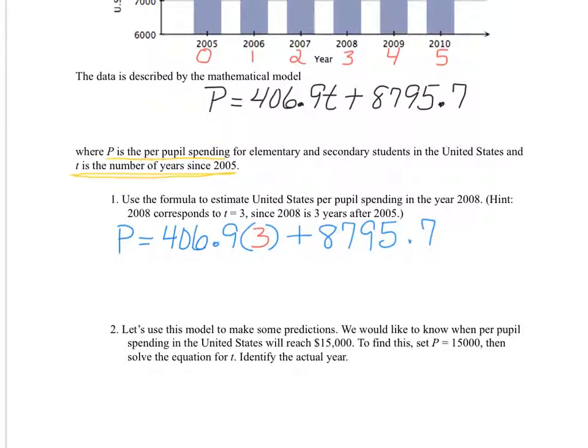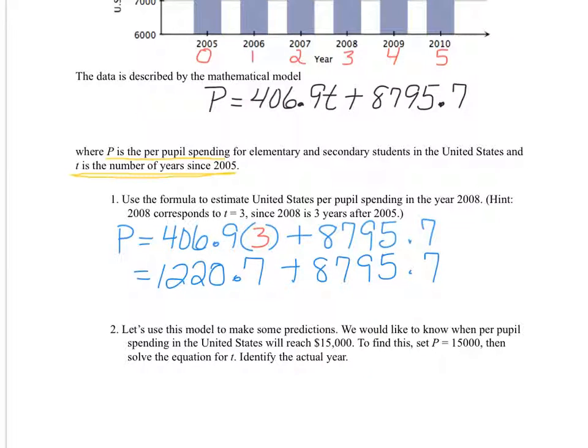Okay, so we're going to do 406.9 times 3, and we get 1,220.7 plus 8,795.7.